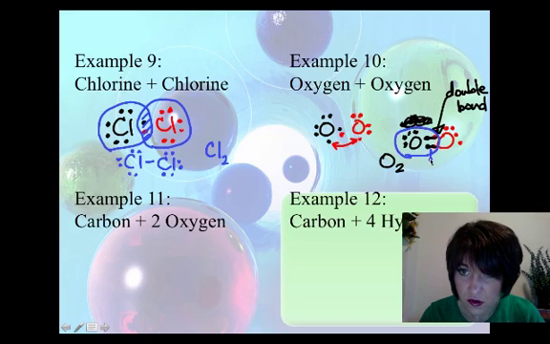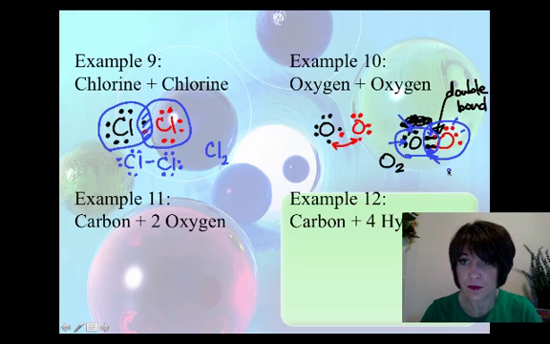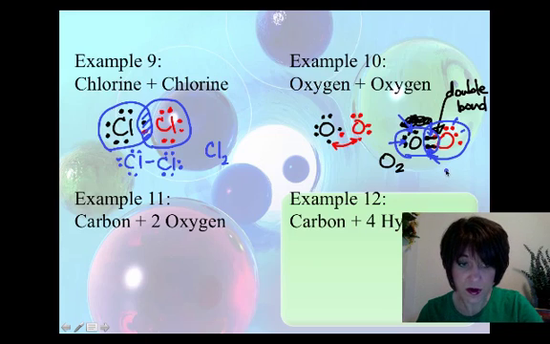There's 2, 4, 6, 8. So it has its octet rule met by sharing. Then this oxygen has access to 8 electrons. 2, 4, 6, 8. So everybody's happy, right? Every electron gets to have a partner, and every atom has 8 electrons.